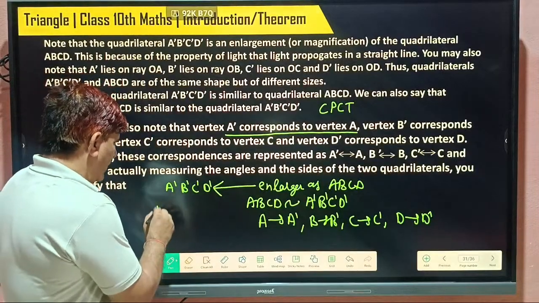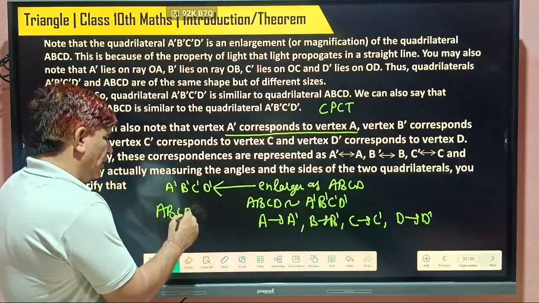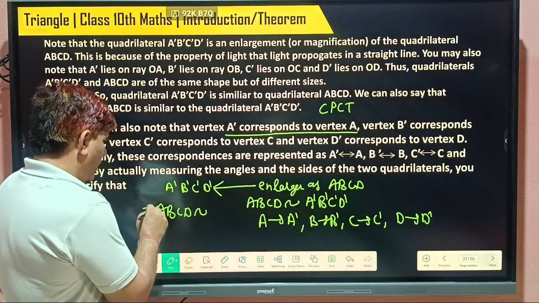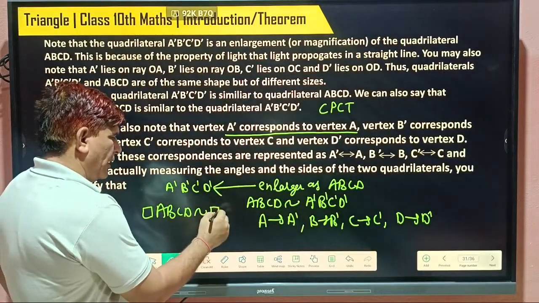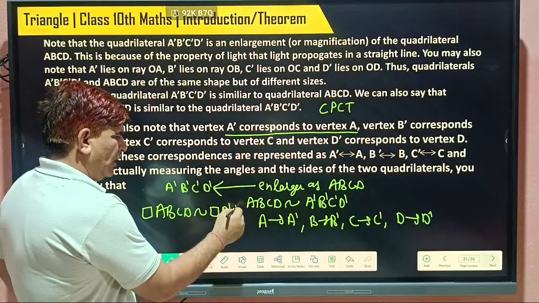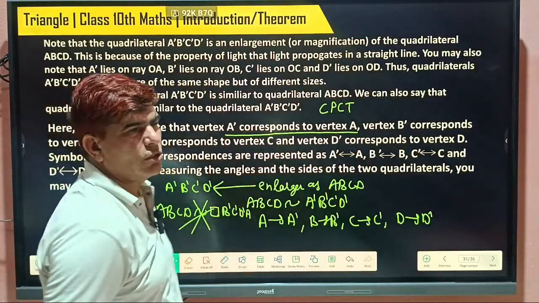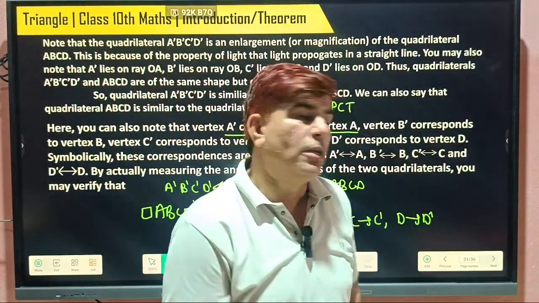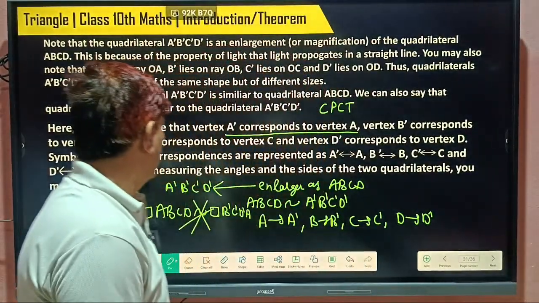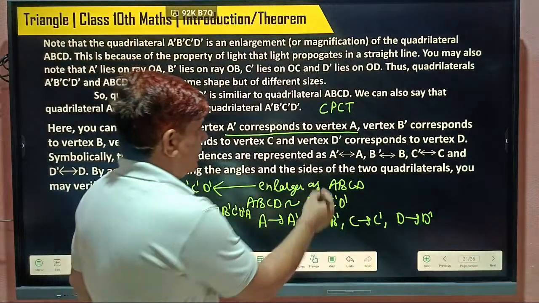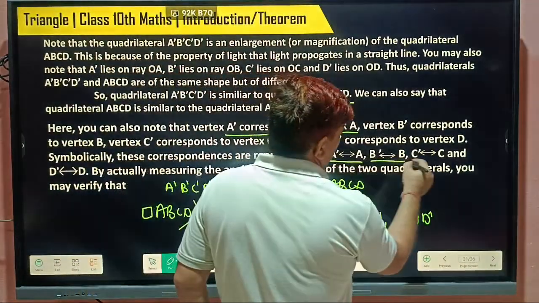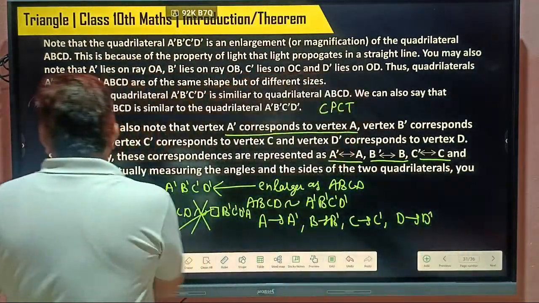We cannot write it with a different order, like B dash C dash D dash A dash. Corresponding order is a must. Without correspondence, you cannot prove it. So correspondence is written here as A dash B dash C dash D dash.